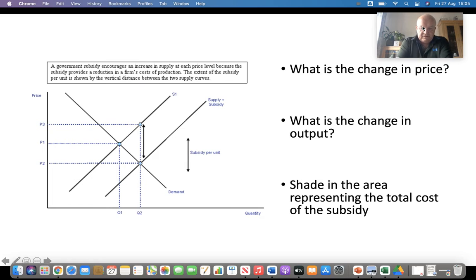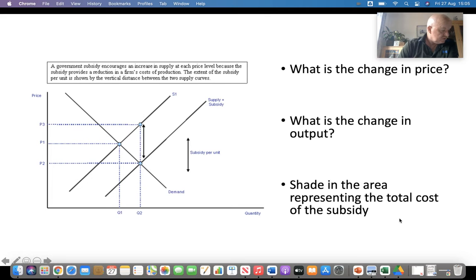Now, clearly, you can interpret this in a number of different ways, looking at the original equilibrium and the new equilibrium when we've got the supply plus the subsidy, and also the subsidy per unit that is being applied in this situation. The questions posed here are: what is the change in price, what is the change in output, and shade the area representing the total cost of the subsidy.